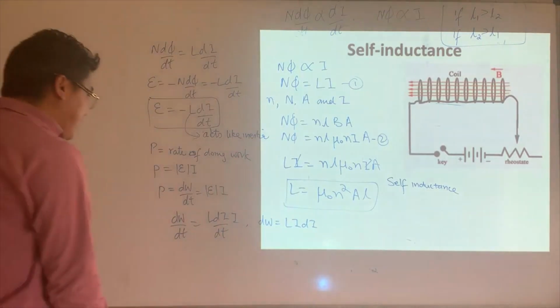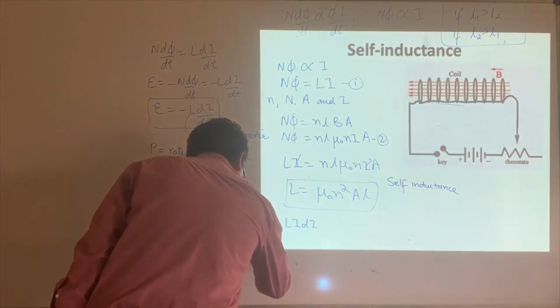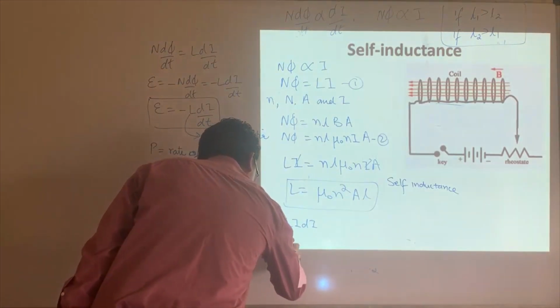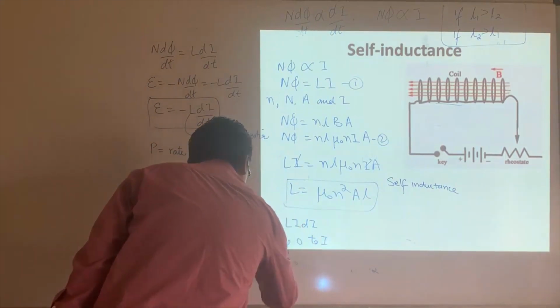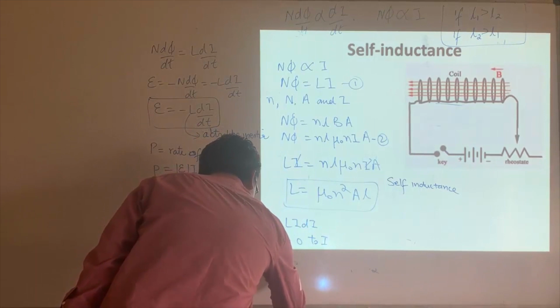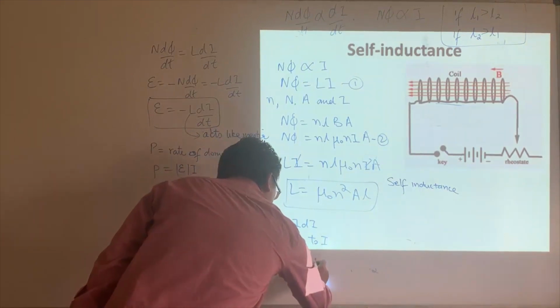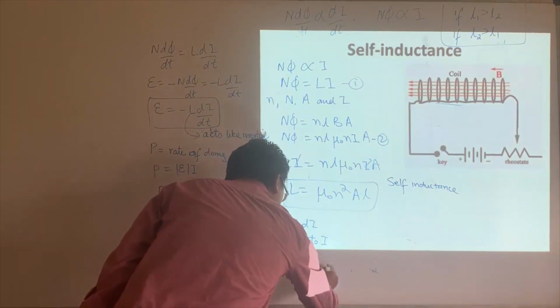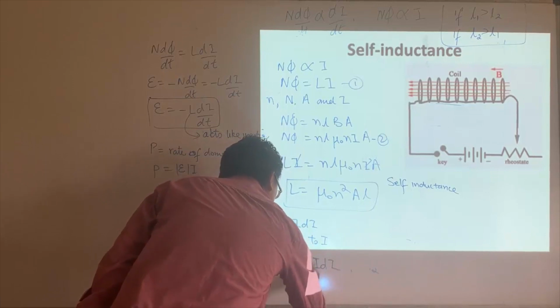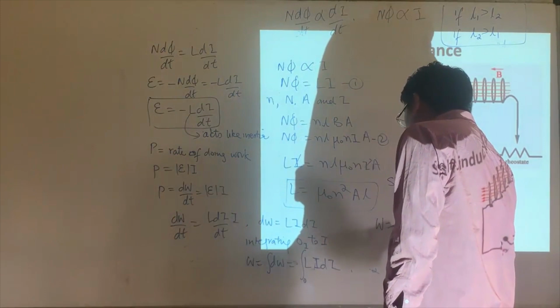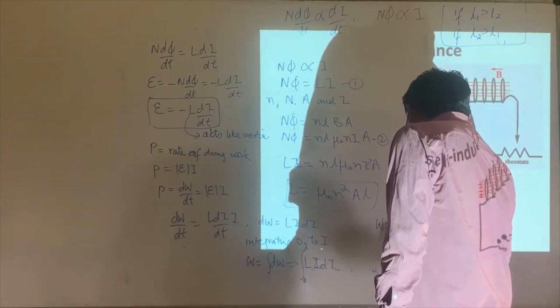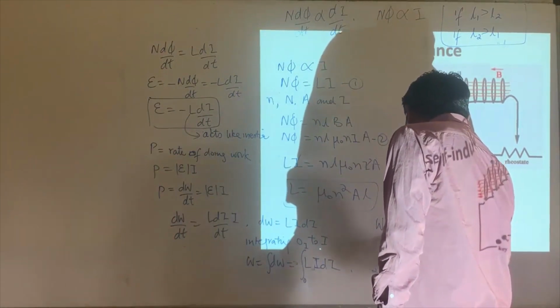Now I integrate this from 0 to I. So W is equal to the integral of L I di from 0 to I. So finally I got W is equal to L I square by 2.